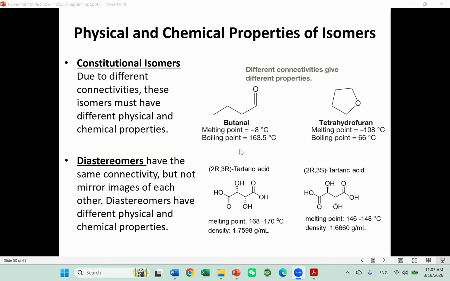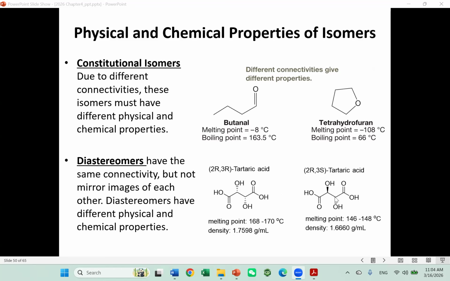Okay. And the same thing is also true for diastereomers. With diastereomers, we learned about multiple stereocenters, okay. Some are the same, some are different, okay. For example, this is 2R,3R tartaric acid and 2R,3S tartaric acid, okay. You can see some stereocenters are opposite, some stereocenters have the same assignment, okay.